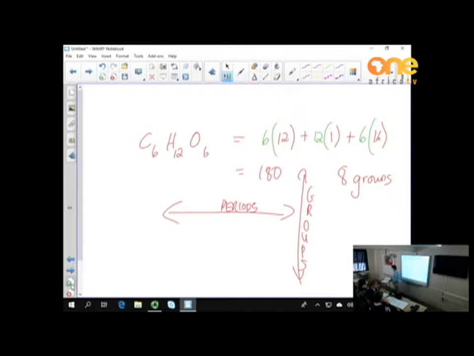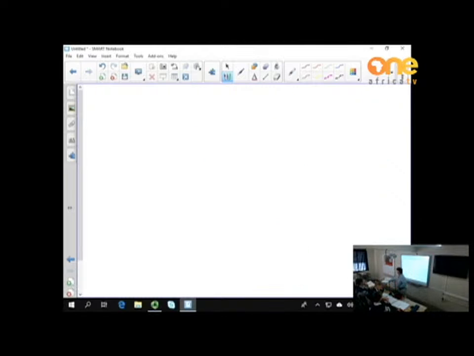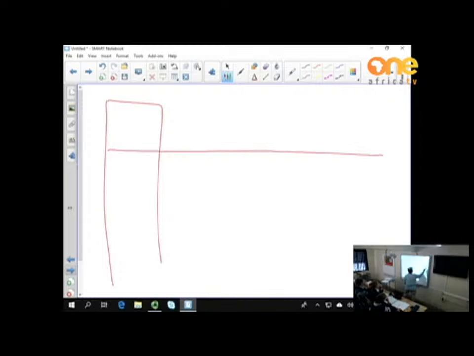Now, the first thing that we must have a look at in terms of the different elements on the periodic table, the old exercise you did in grade 8 for the first time, is the electron distribution.